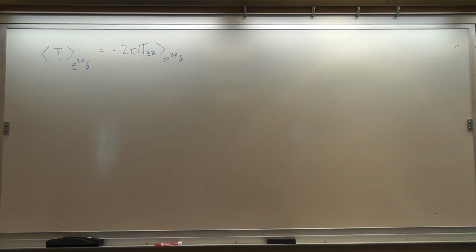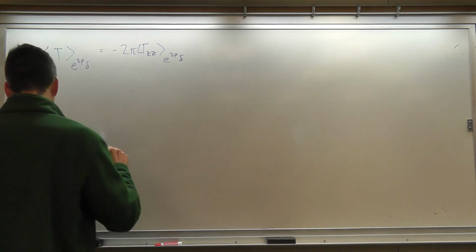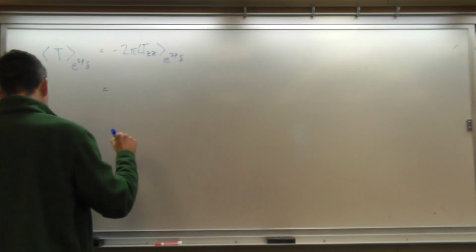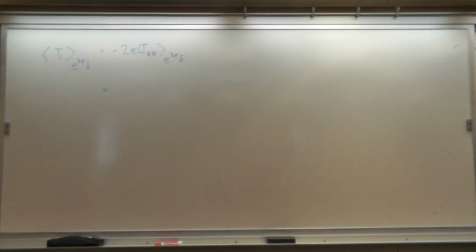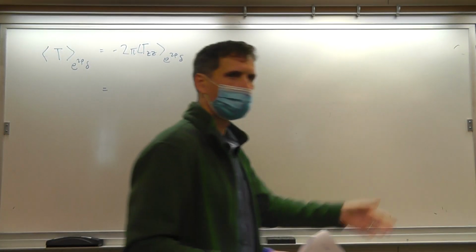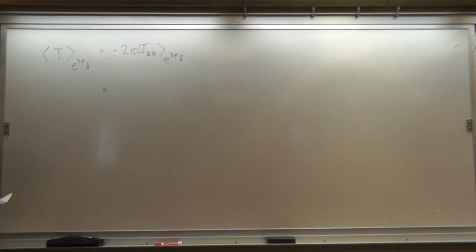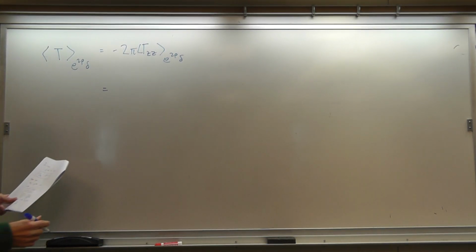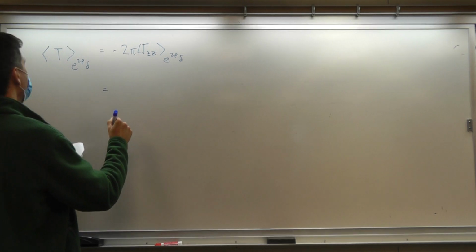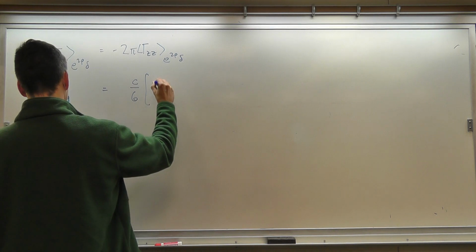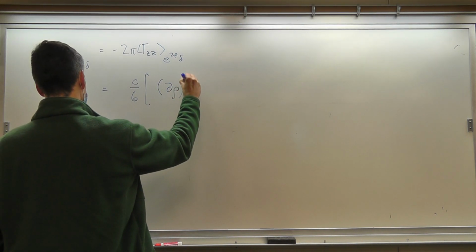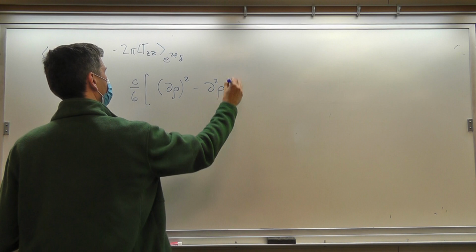But I guess it must cancel when we put it in, because it still works. And what you get when you plug it in is actually really simple, because in T_zz, g_zz is 0, so that term just drops out. It's pretty easy to calculate, and you just get c over 6 times del squared rho minus del rho squared.